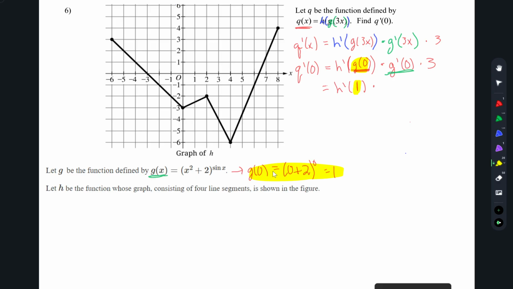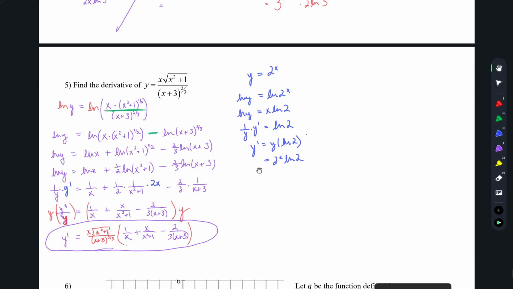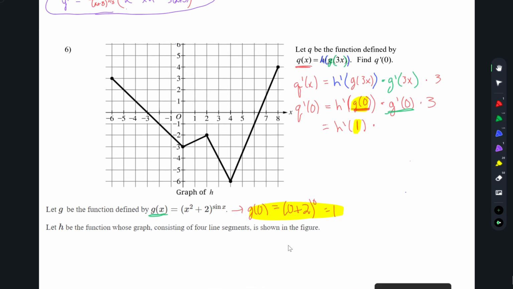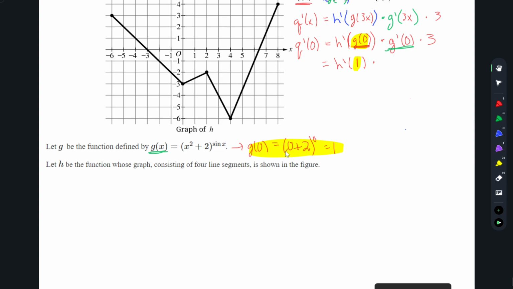Okay, I need the exponents all fancy like. There's variables and junk in there. It's not a number. So that's my natural log business. I got to do natural log of both sides. So for something like that, when your exponent isn't a number, that's how you know you're going to be doing the natural log stuff.